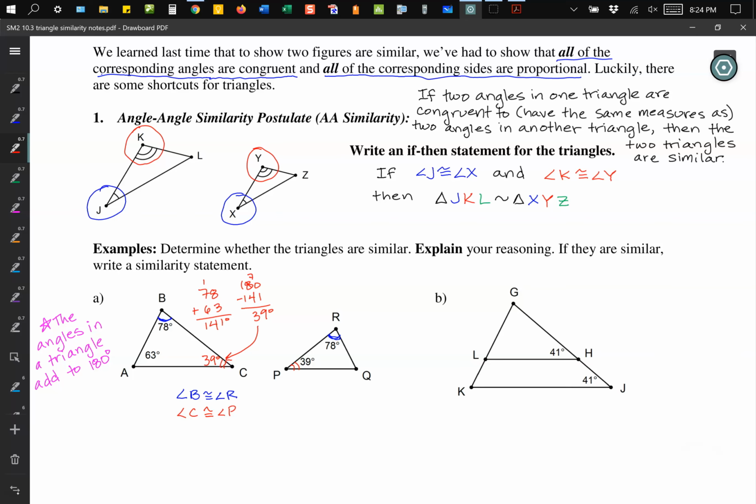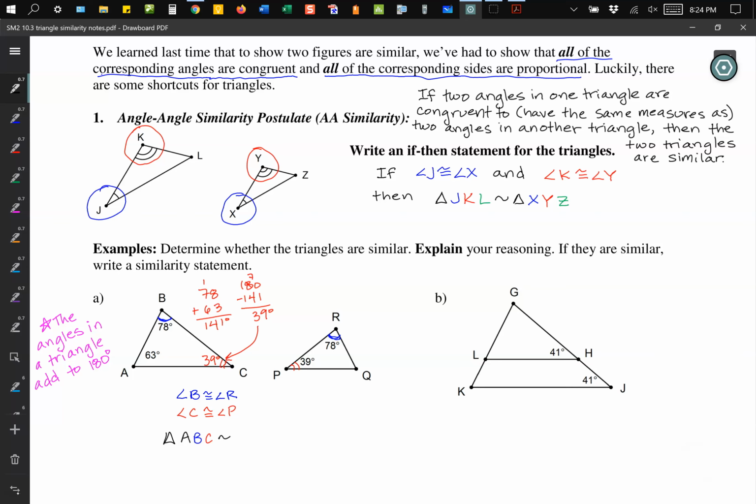So now I know they're similar, I can write a similarity statement. So I know that triangle A, B, C is similar to, and I've got to go in the right order here.